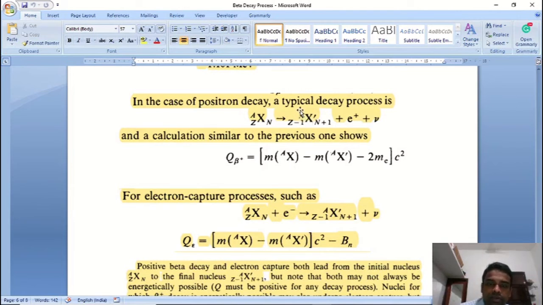The atomic mass will be the same. So the element changes, X to X prime. Then it is a positron decay, beta plus. With beta plus, there is a neutrino, not an antineutrino. Beta plus emits nu, simply nu.